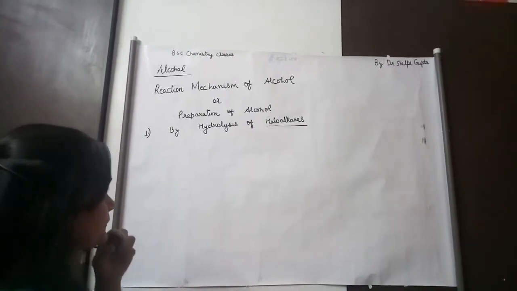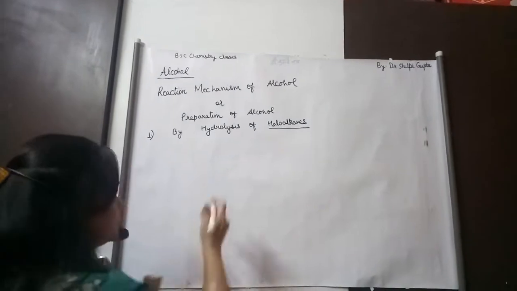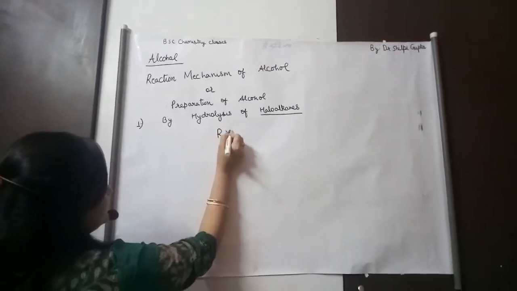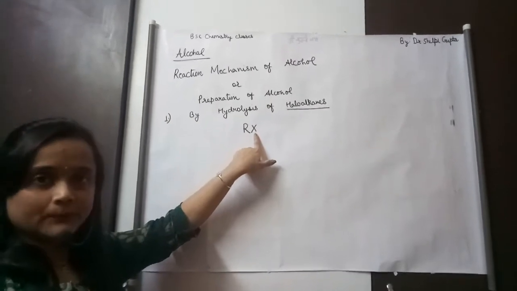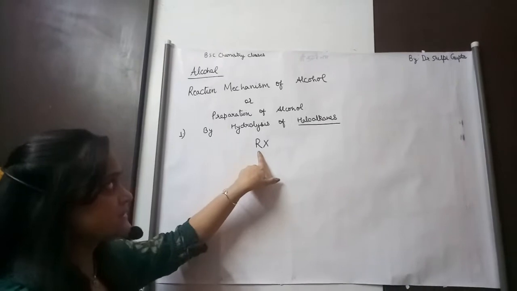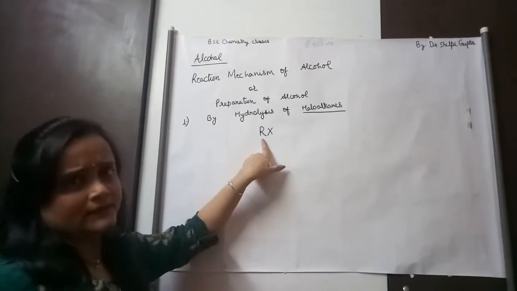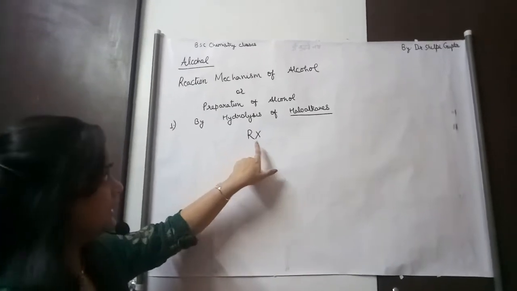Haloalkanes are alkanes attached with a halogen. X belongs to the halogen family and R belongs to the alkyl group, which can be an alkane or alkene or anything related to the alkyl group.